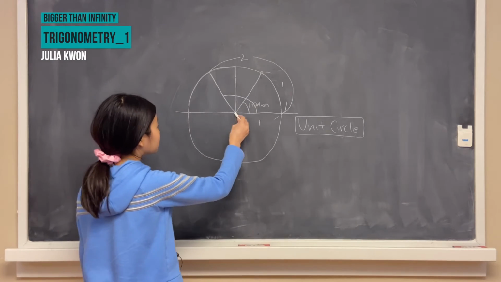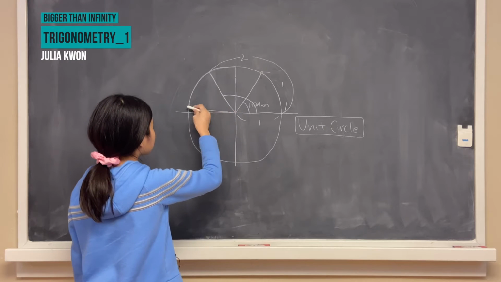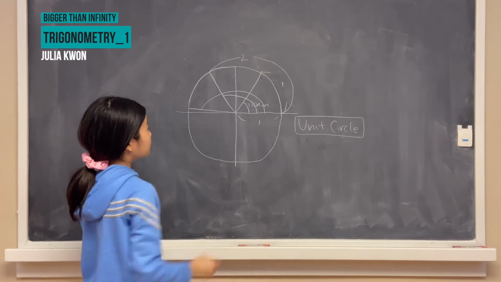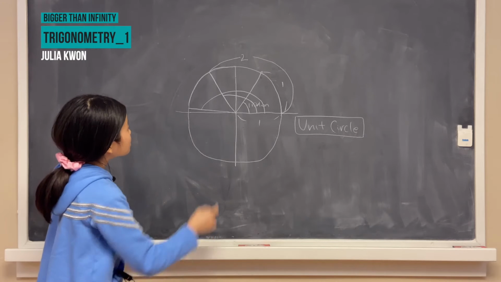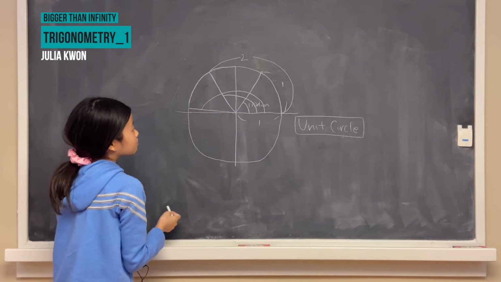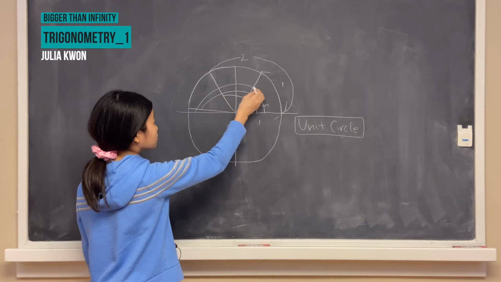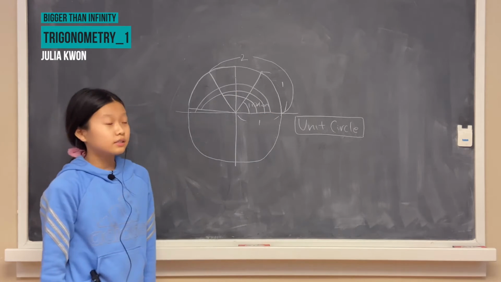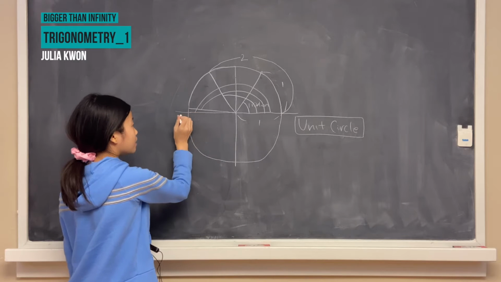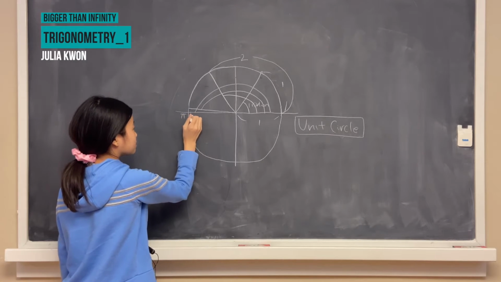And this angle would be 3 radians, since we have one more. And what you would call this whole angle would be pi radians.